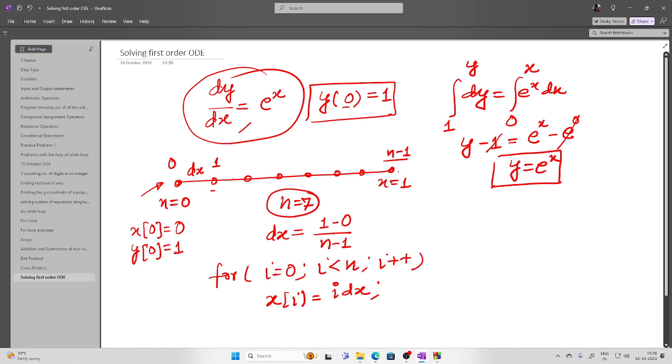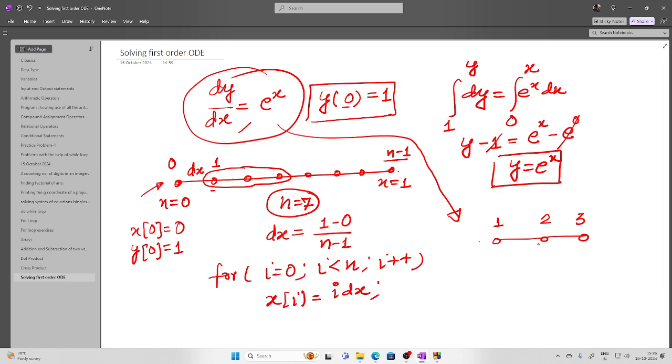Okay, so now let us use Euler's method. Let us consider these three nodes: this is node number 1, this is node number 2, this is node number 3, and let us also consider node number 0.